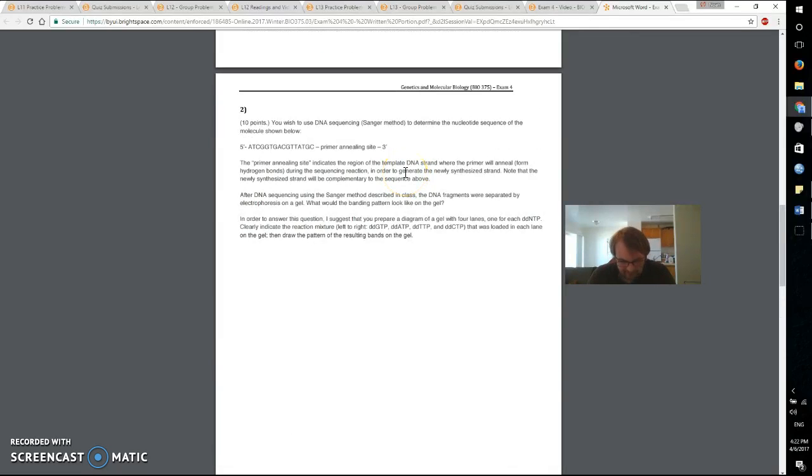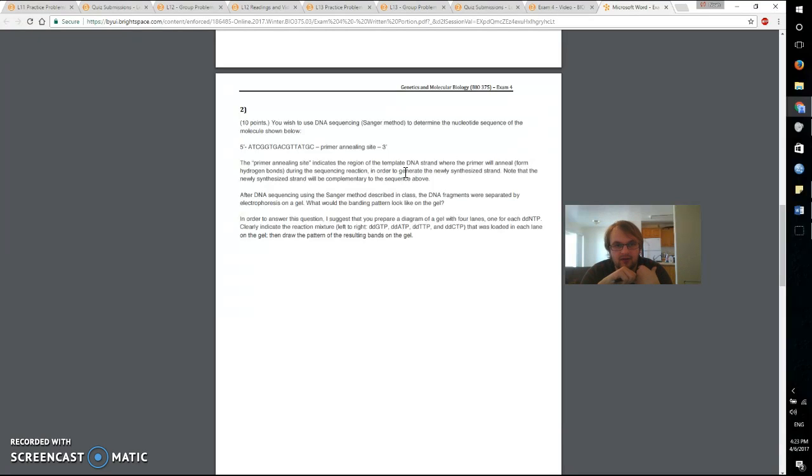2. We want to use the Sanger method to do DNA sequencing of the following string of code. And we have 5', the mRNA, the primer annealing site, and then the 3'. So the primer annealing site indicates the region of the template DNA strand where the primer will anneal.